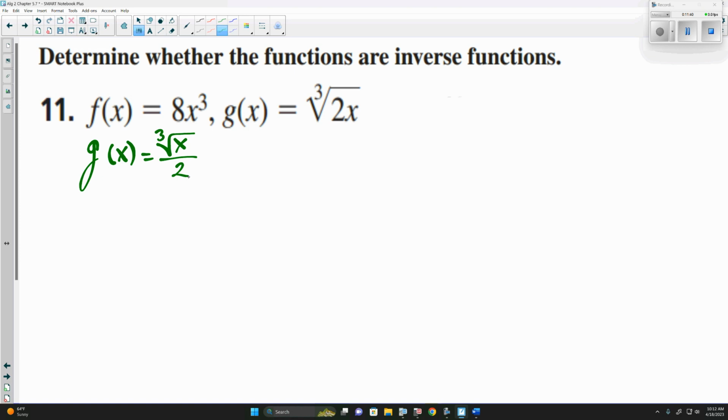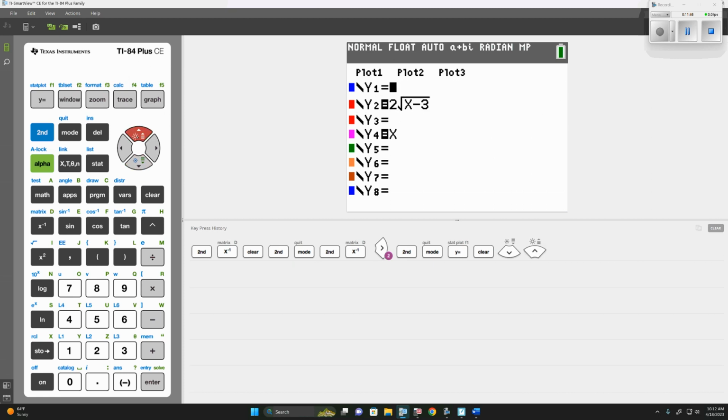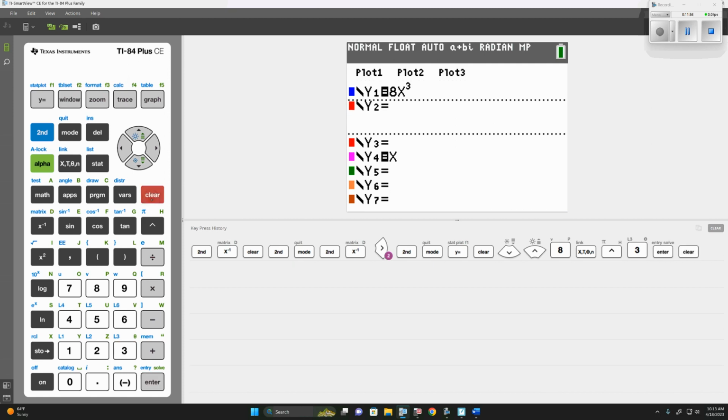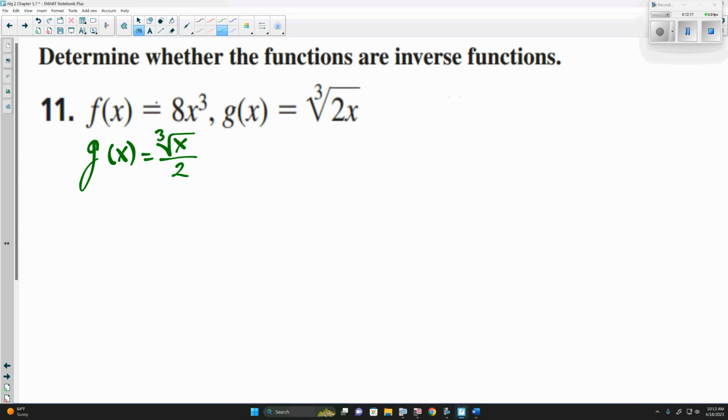And if we wanted to, we could verify that through our composite functions, or in the calculator: 8x to the third, enter, clear that out, y equals, enter, math, cubed root of x over 2, graph. So we have that mirror image across the line, because inverses will always mirror across the line y equals x. But this here was not asking for us to find the inverse, it was just asking us to check these.